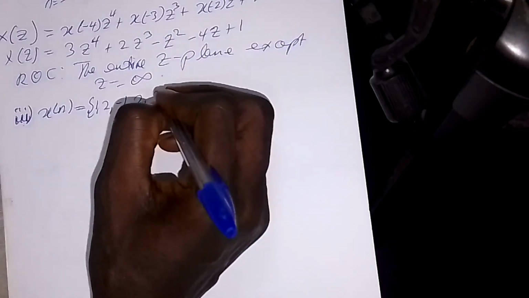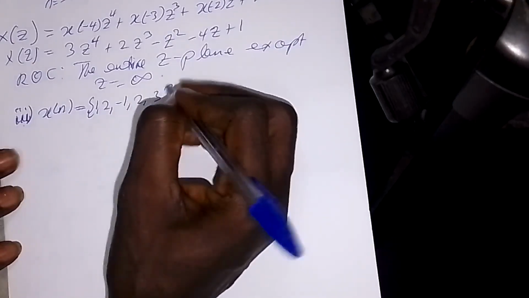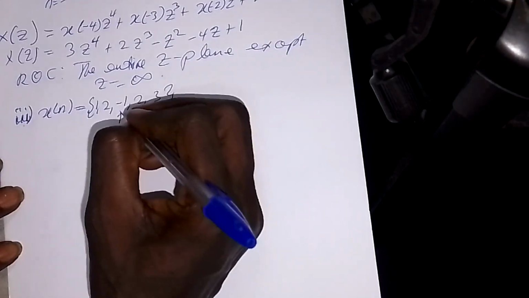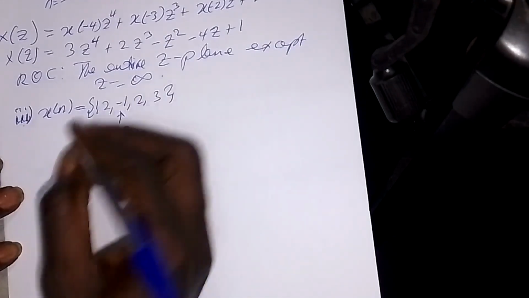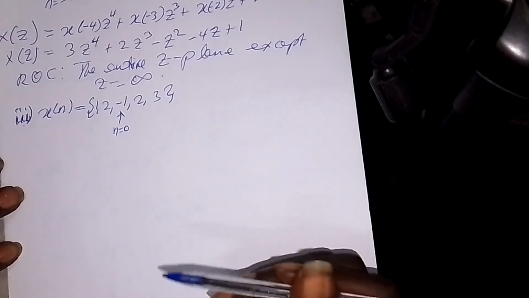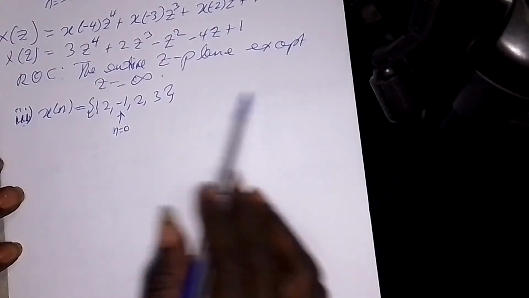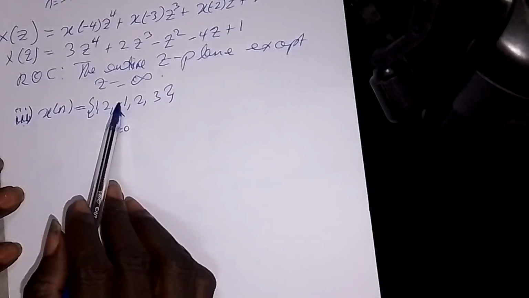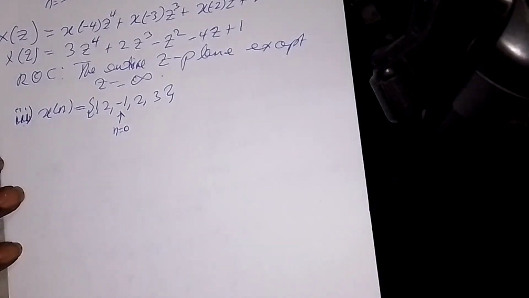Okay. And then where is our arrow? Our arrow is on minus 1. So here this n is equal to 0. So here it's neither left-sided nor right-sided, because some of the sequence is on our right, others are on our left.